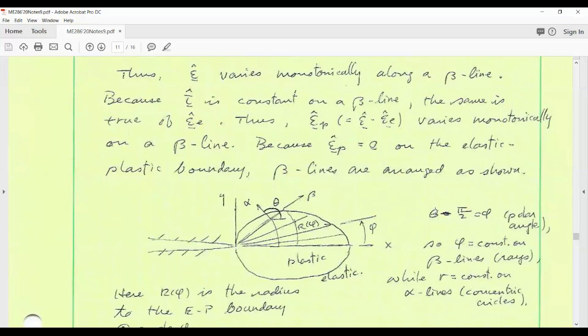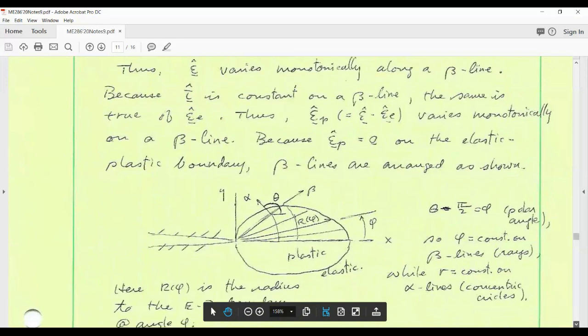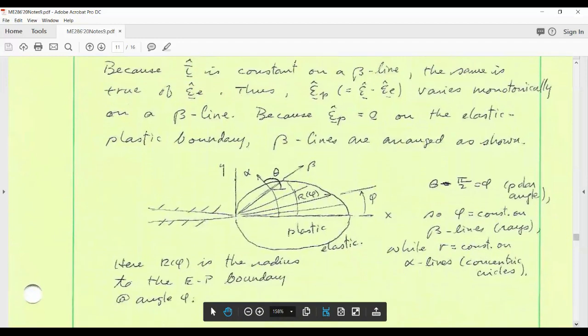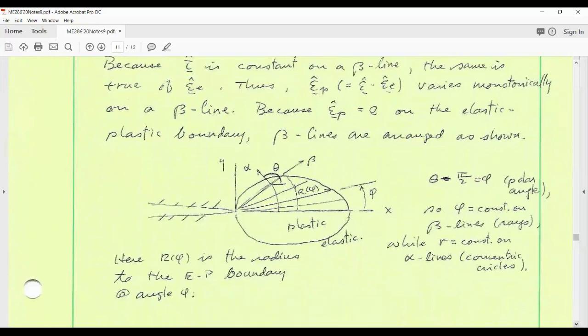And because theta is constant on a beta line, of course phi is also constant, we've been through that already. While r is constant on the orthogonal trajectories, the alpha lines correspond to curves where r equals constant, and those are concentric circles, sketched here. And then just to recap, R of phi is the radius of the elastic-plastic boundary at the azimuthal angle phi.